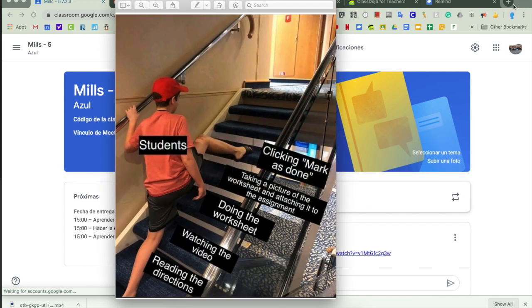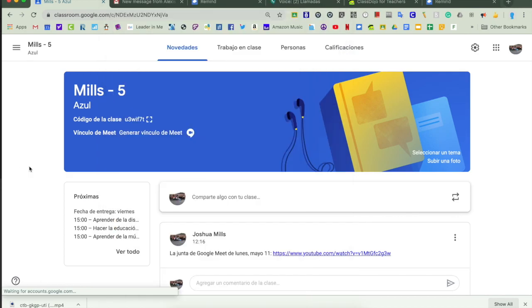You have a student, and those are the representation of the steps to doing the Google Classroom assignments: reading the directions, watching a video, doing the worksheet, taking a picture of the worksheet, and attaching it to the assignment, and then marking done. And some kids are just jumping to done. So I've had conversations with some folks, and that's what I see happening in some cases.